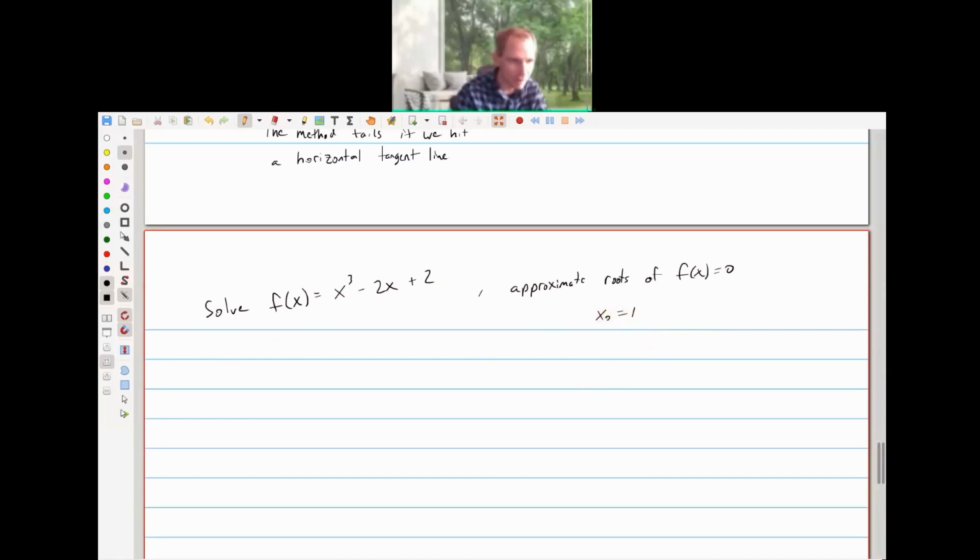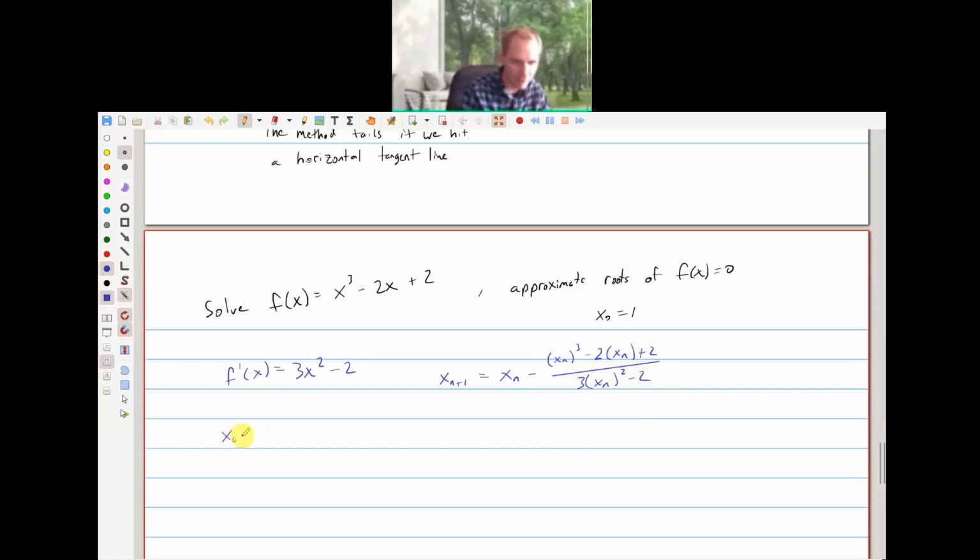So f prime of x is 3x squared minus 2, and my formula is xn minus f of xn over f prime of xn, with the derivative 3xn squared minus 2.